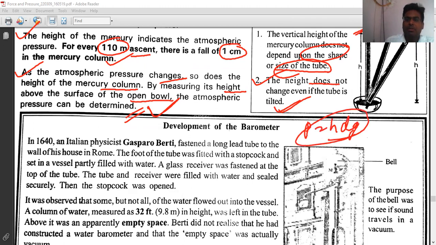So it doesn't depend on the size, shape and angles. When it is tilted, the height will be H, and pressure is the same at the same point. So A, B, C have the same height H. The pressure exerted at A, B, C will be the same even if this tube is tilted, right? With some angle.